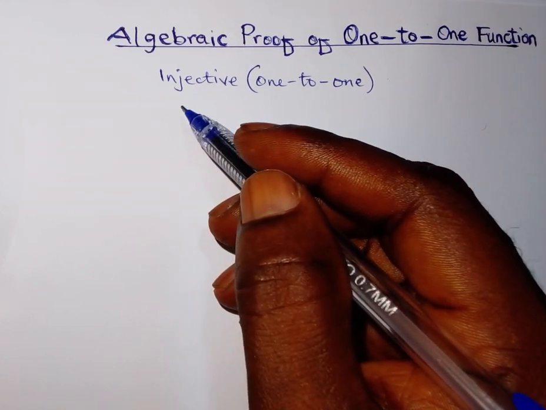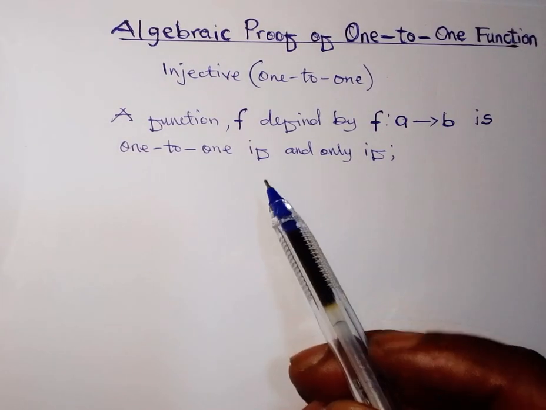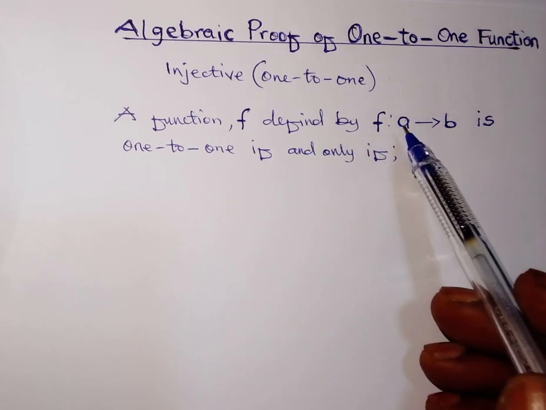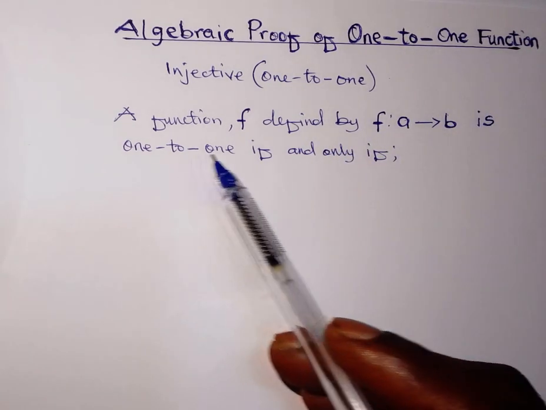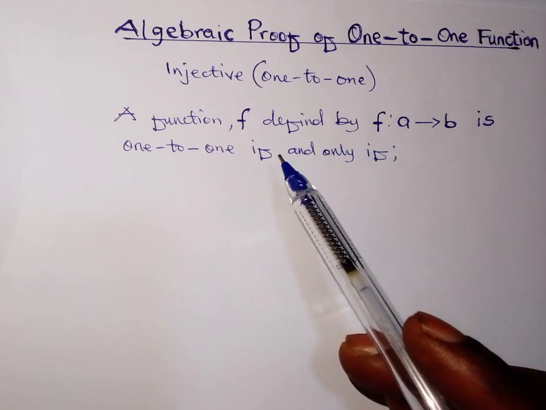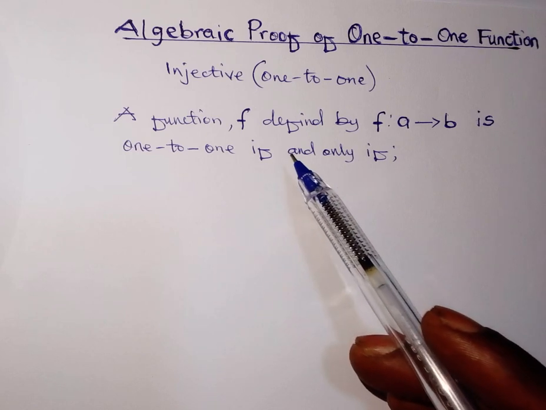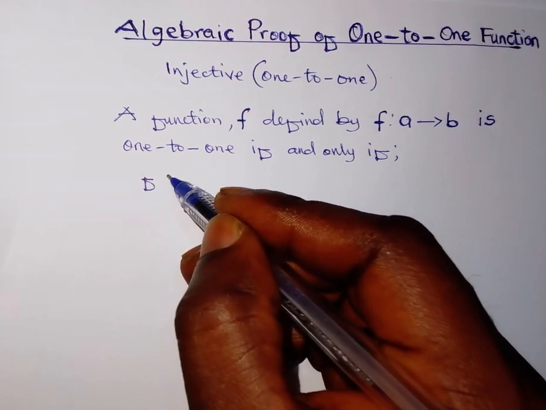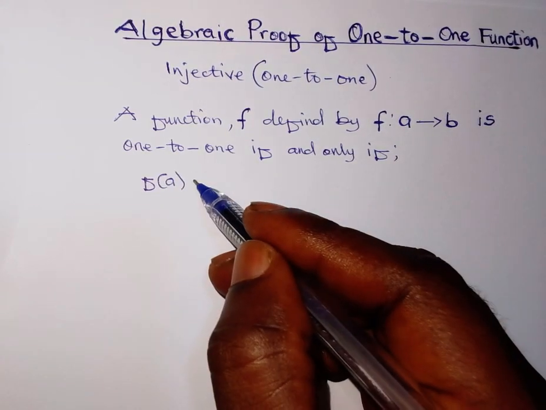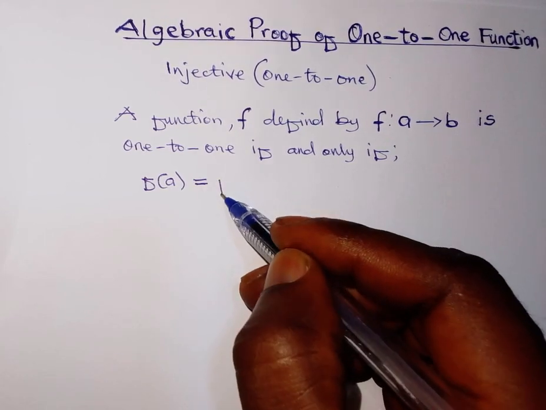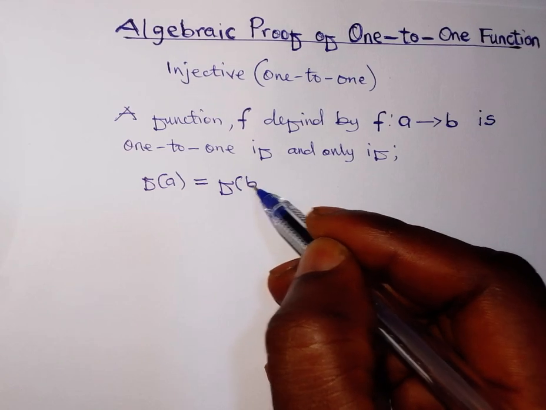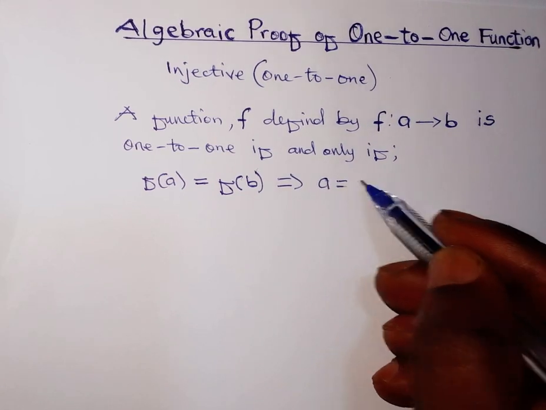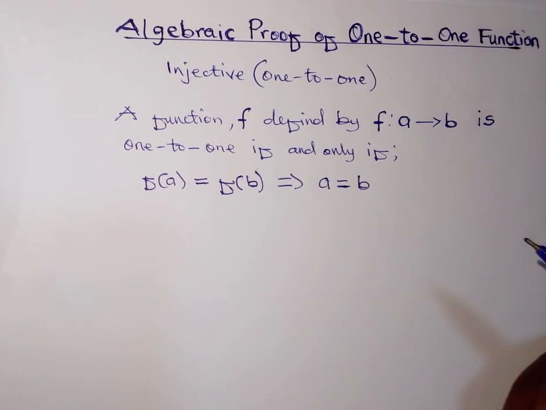The function f defined by f such that a maps onto b is one-to-one if and only if f(a) is equal to f(b), which implies that a is equal to b.